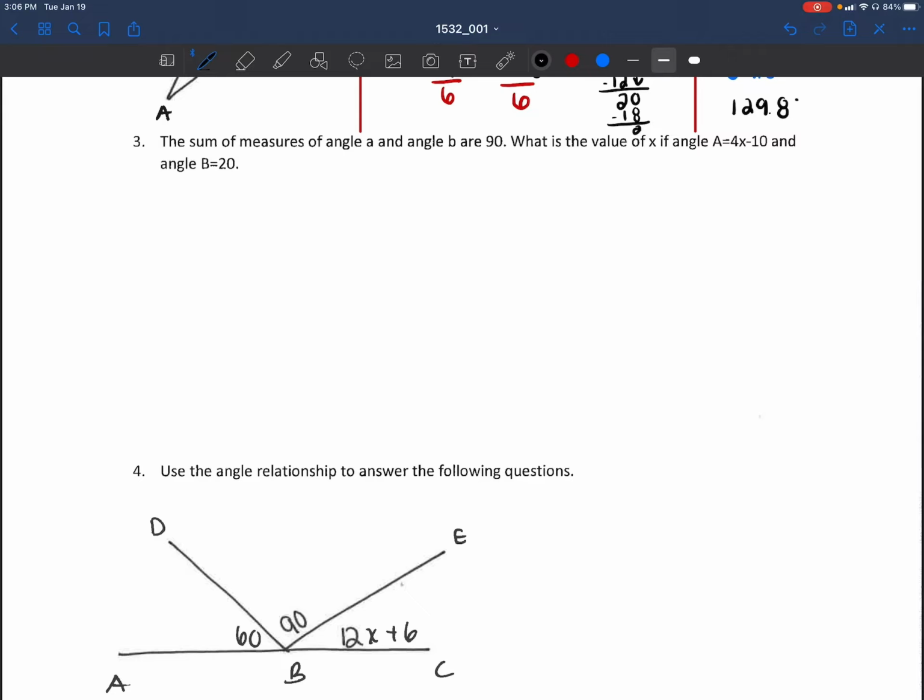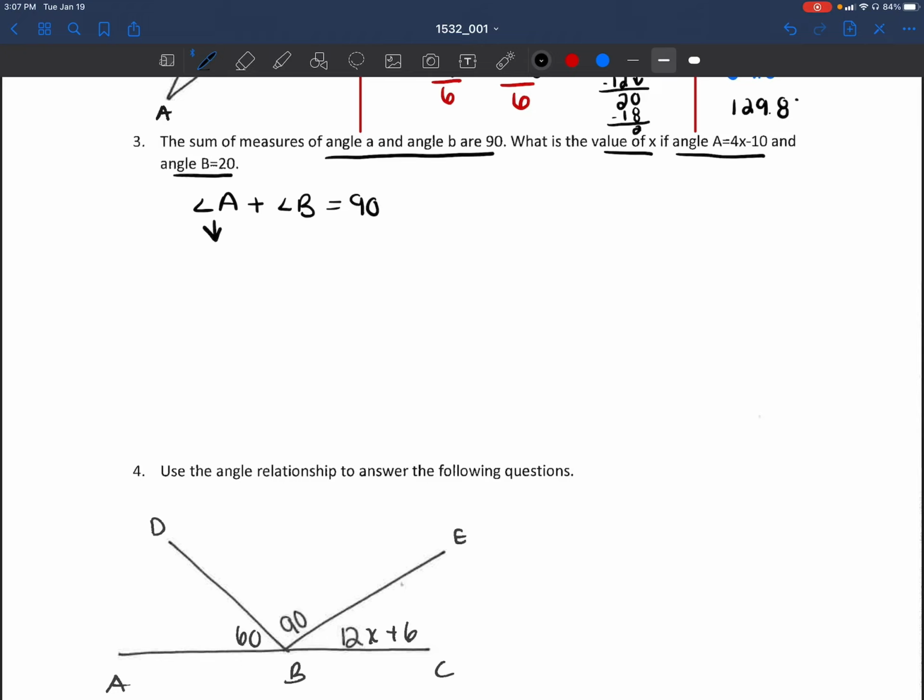Number 3 says the sum of measures of angle A and angle B are 90. What is the value of x if angle A is 4x minus 10 and angle B is 20?